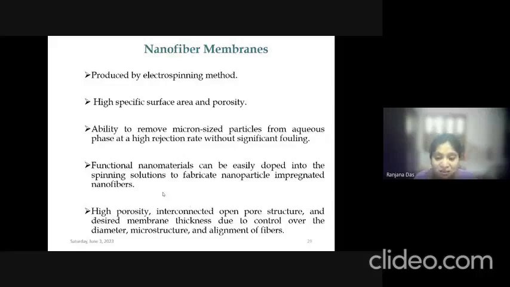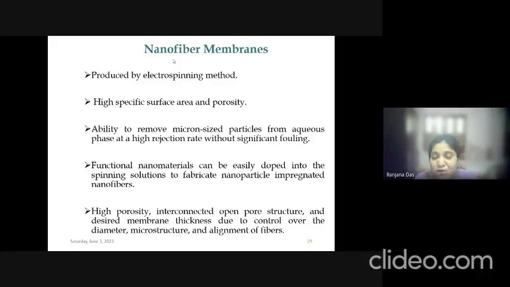In the case of the nanofiber membrane, not only can we remove micron-sized particles, but we can also incorporate other functional nanomaterials, like some metal oxides such as TiO2.